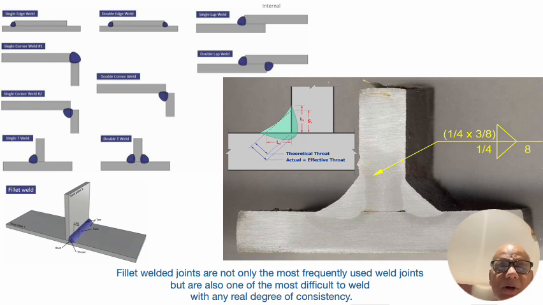But the most important part we need to understand is that, unlike a butt joint which has full penetration, in a fillet we are not going to fuse the vertical member through its entire face unless we give a groove and a fillet.